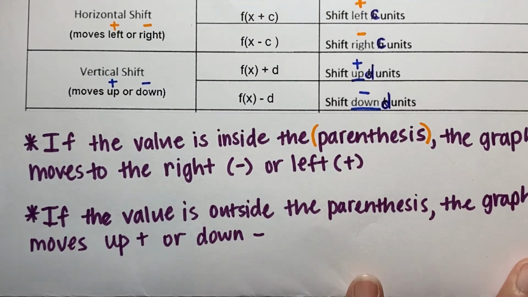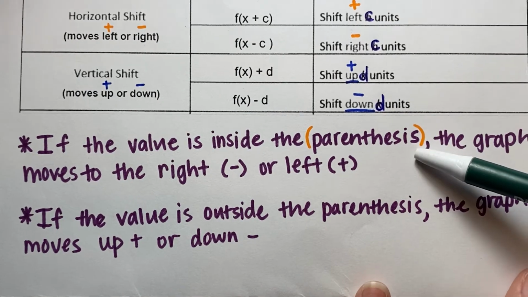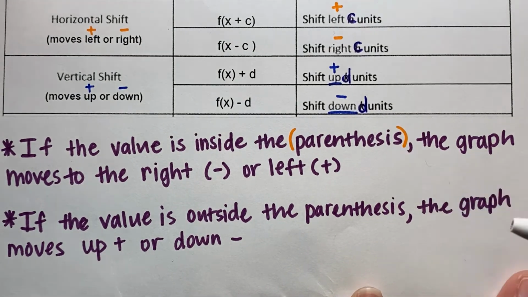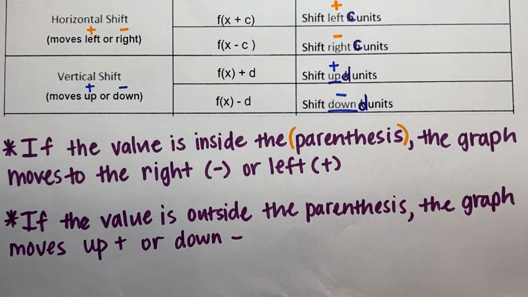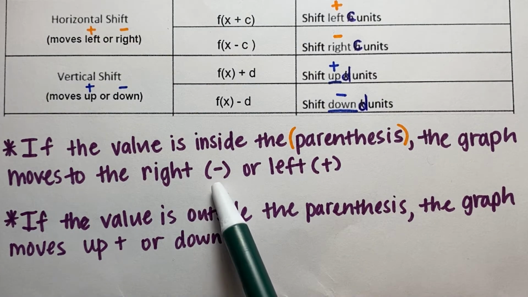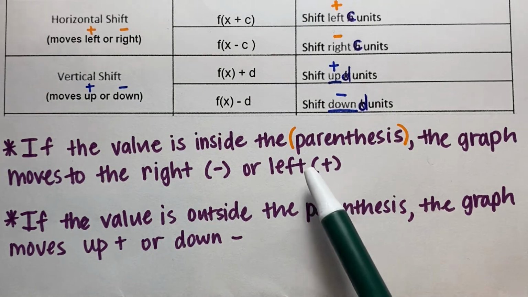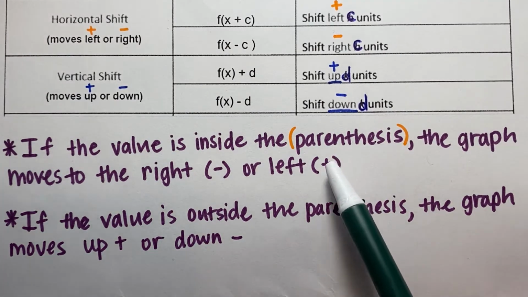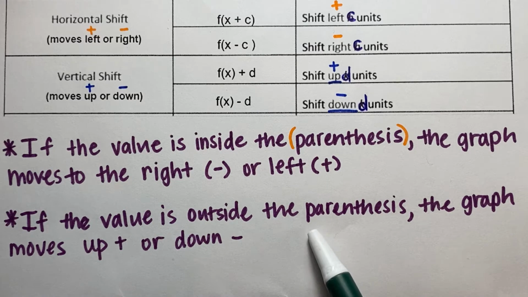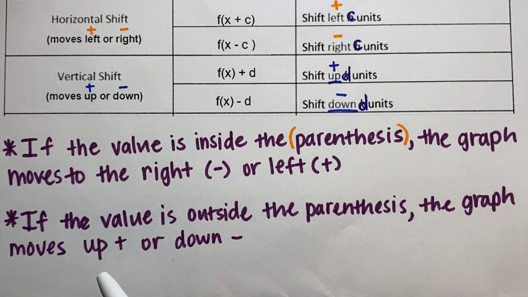If the value is on the inside of the parentheses, here is a helpful hint to remember by the end of the lesson: the graph will move right if you see a minus sign, or left if you see a plus sign. It's the opposite sign of what's inside the parentheses. If the value is on the outside of the parentheses, the graph is going to move up or down with the same exact sign.